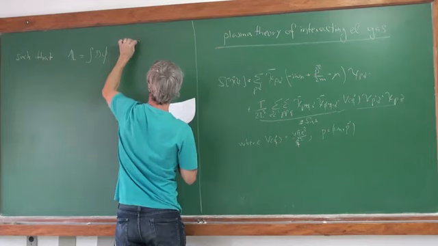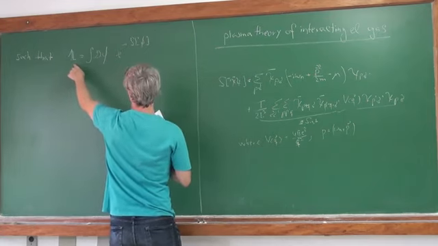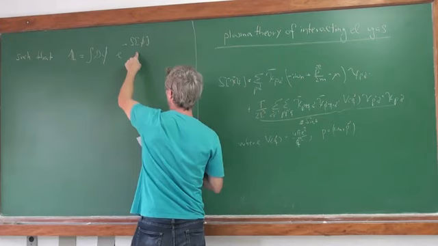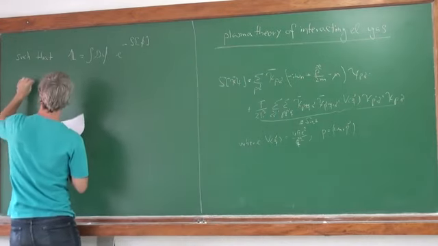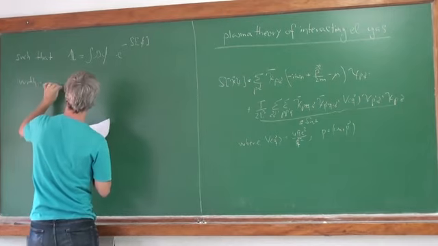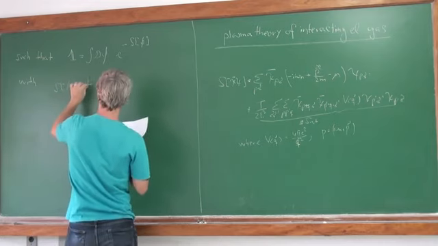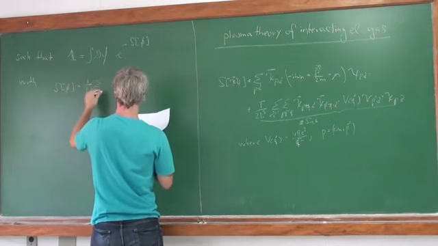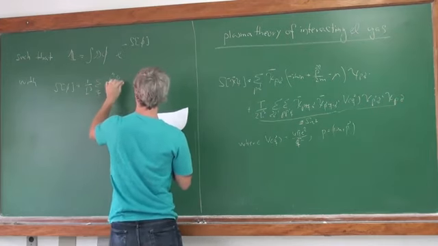We have the representation of 1 as a field integral over some complex field, which now has the action S of phi, which looks the following way. S of phi. If you plug everything in and take into account the prefactors, you should find the following.